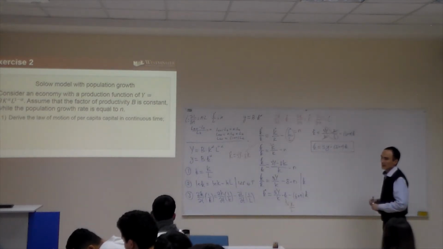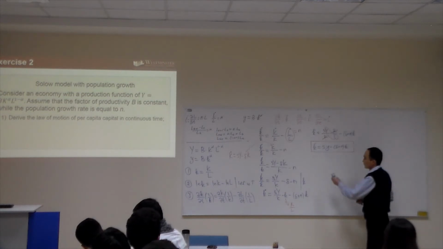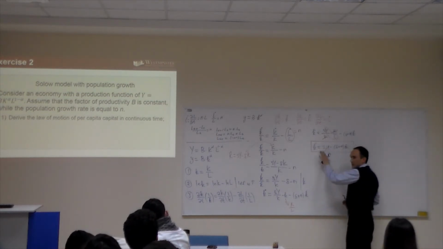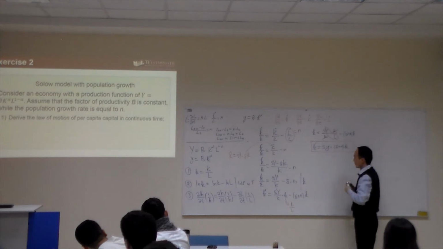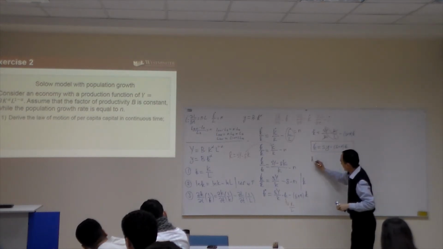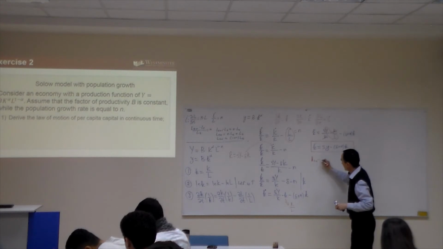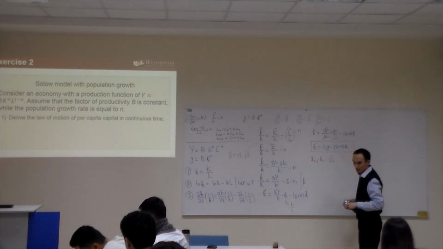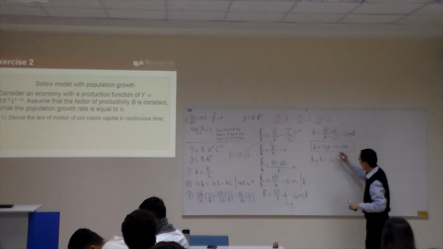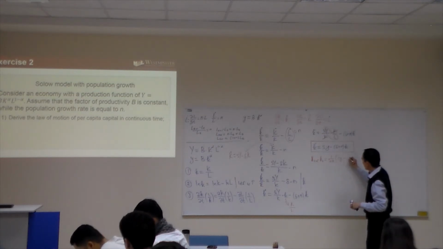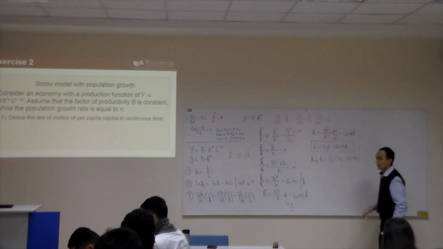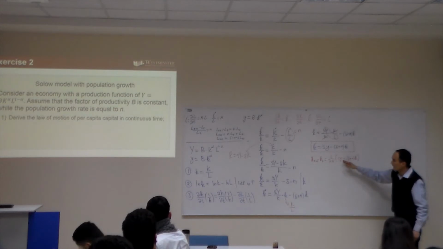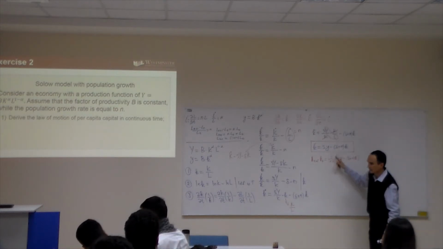So, if you refresh your memory about the lecture, when we derived it in discrete time, it was a bit different. Okay? So it was our per capita capital of next year minus per capita capital of this year was equal to 1 over 1 plus growth rate of population in the parentheses that investment minus depreciation plus N times per capita capital. It was like this. In continuous time, it is not anymore here.